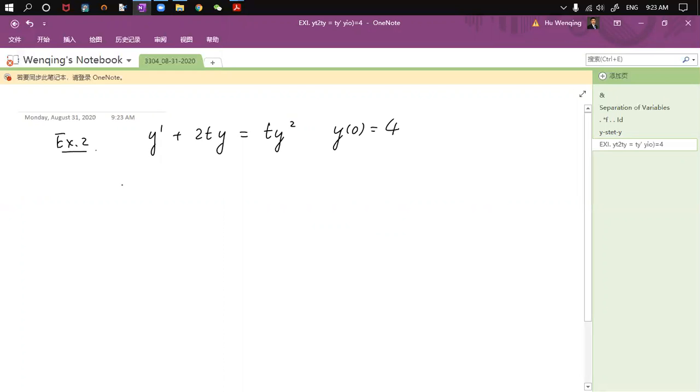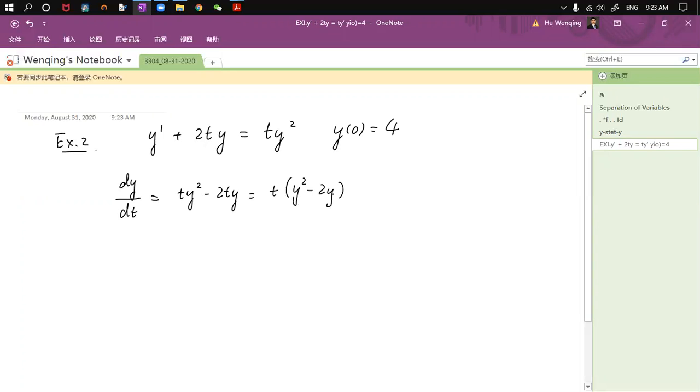We can write this equation as dy over dt. When you look at a differential equation, you must recognize that this is a function y in terms of t. So dy over dt is ty squared minus 2ty, which can be written as t multiplied by y squared minus 2y.